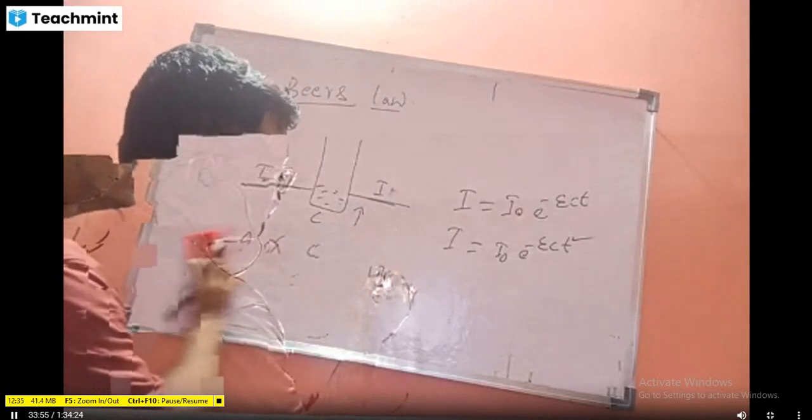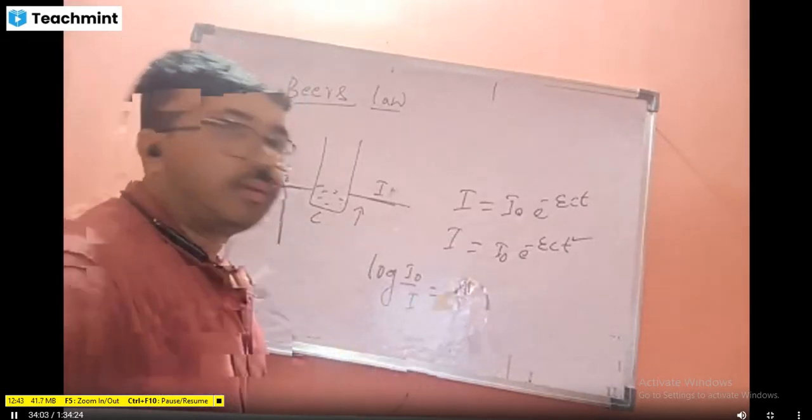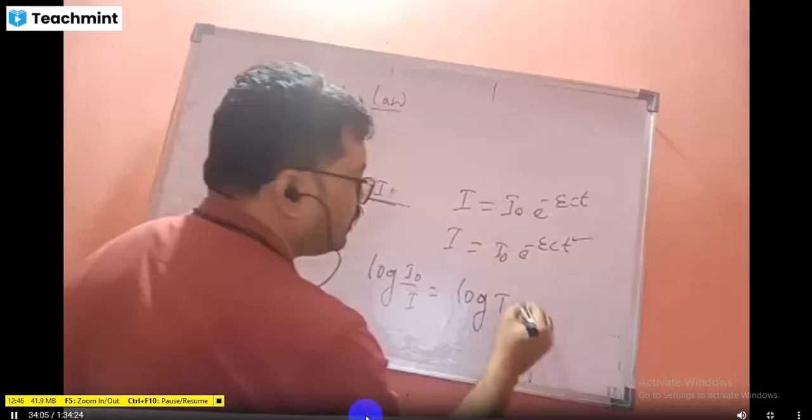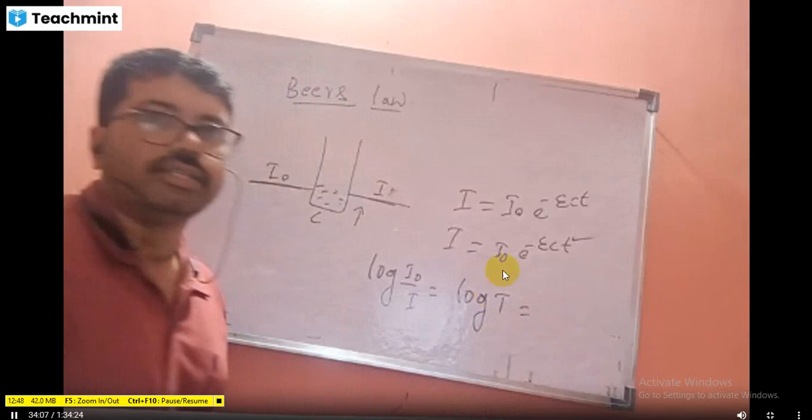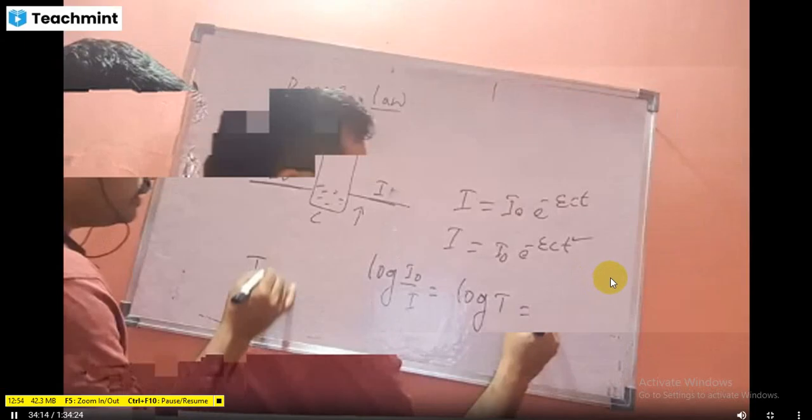So log I naught by I. So whatever T is equal to log T. T is nothing but transmittance. So transmitted light T is I naught by I. The transmitted light is incident divided by emitted light.